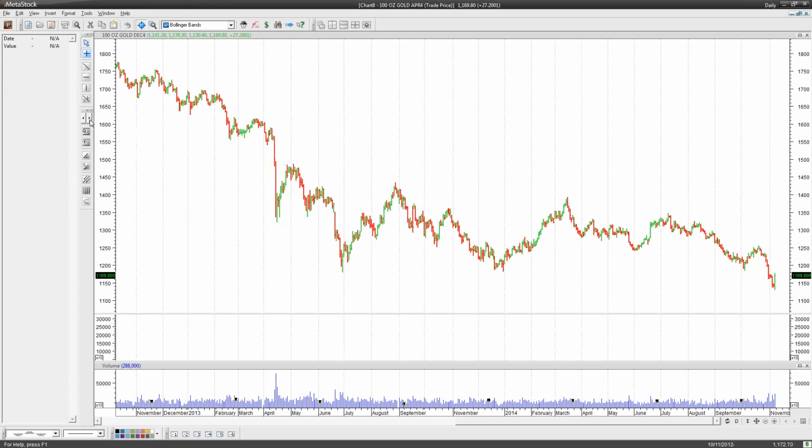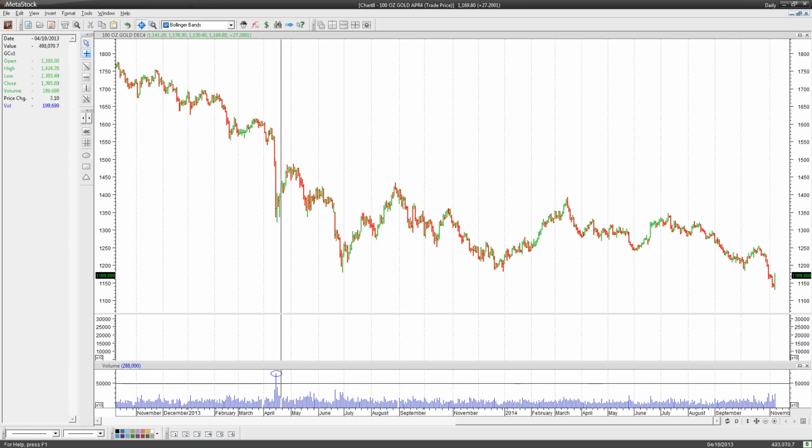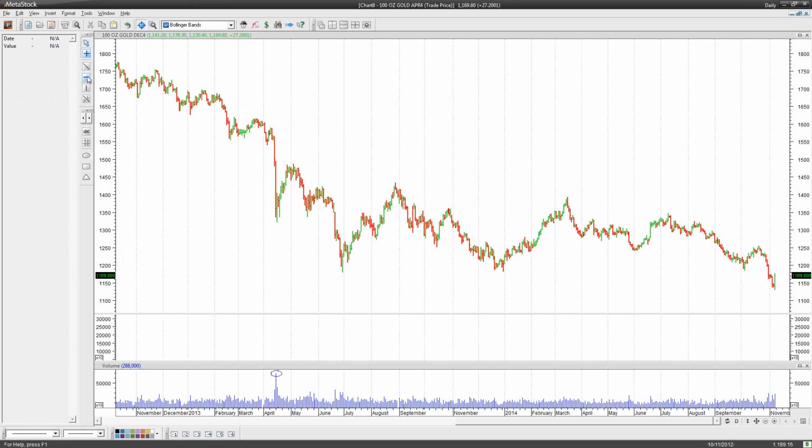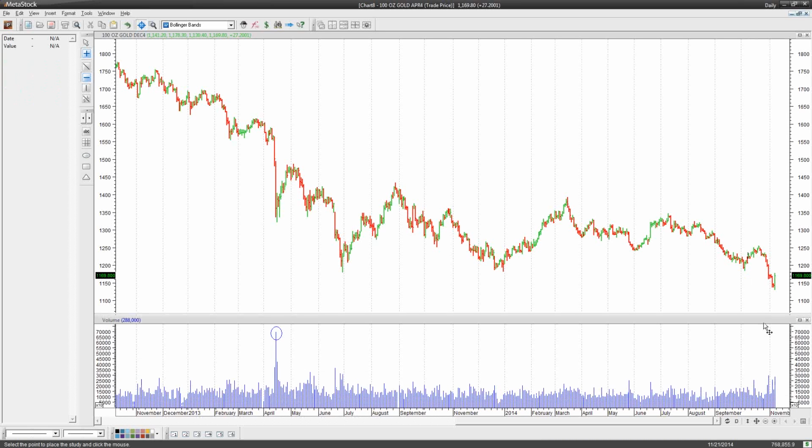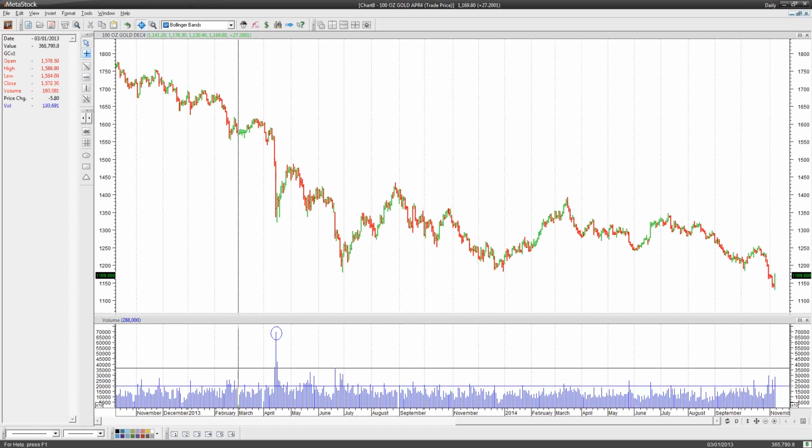And let me get my little drawing tools up. There we go. So right there. And we talked a little bit earlier about how a high volume bar on gold would be right around 20,000. So let's bring this up here a little bit, make it a little easier to define what 20,000 or so contracts is.